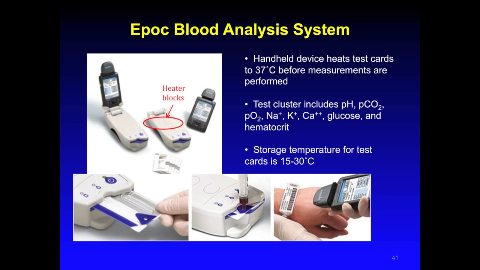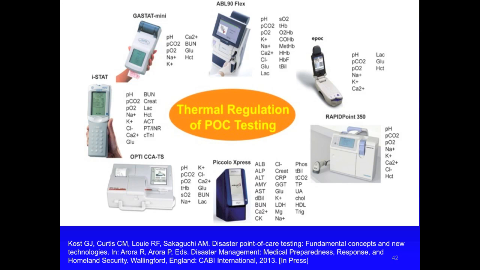This is fairly obvious in that this particular system is intended to measure blood gases and needs that sort of onboard ambient. In slide 42, we summarize some of these different point-of-care devices that include thermal regulation as an onboard principle. While it hasn't been proven in cold disasters, we feel that some of these do have the potential to deal with the cold temperatures.